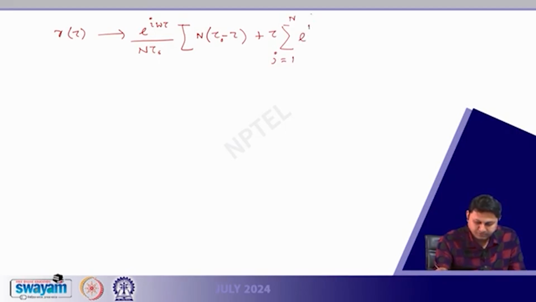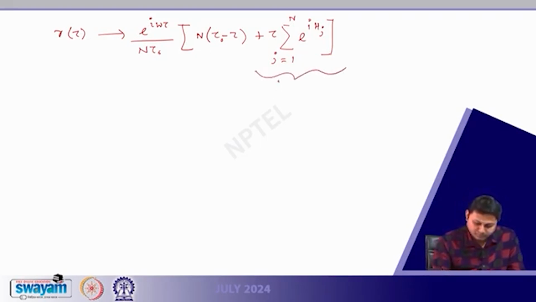e to the power of i h j. Okay. Now h j is of a random nature, as I showed. Because of the random nature, this sum, whatever the sum, that should vanish.